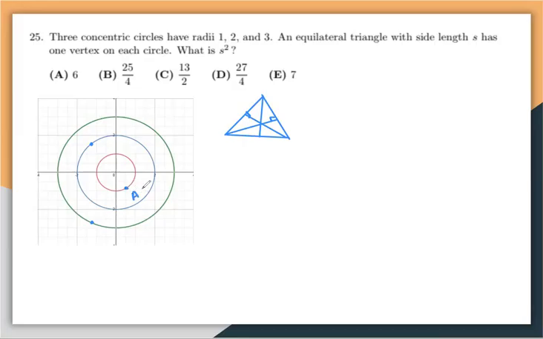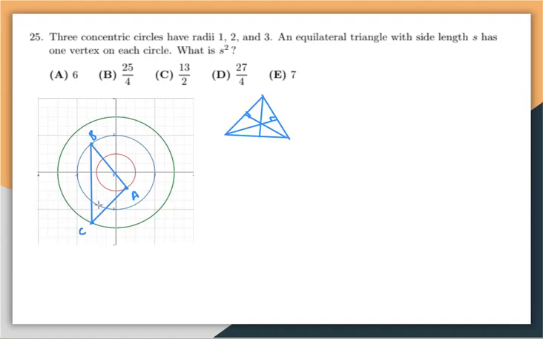This is A, this is B, this is C. Again, the goal is to draw this equilateral triangle so that the centroid is on the x-axis. It doesn't have to be the actual x-axis, I'm just drawing a line parallel to the x-axis.